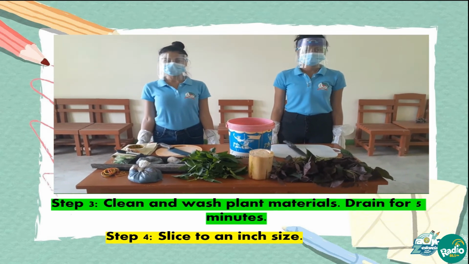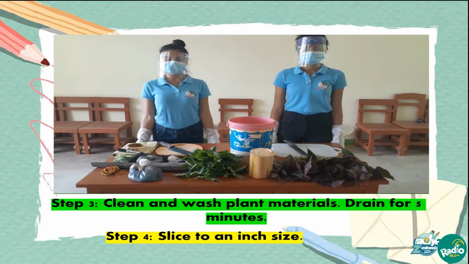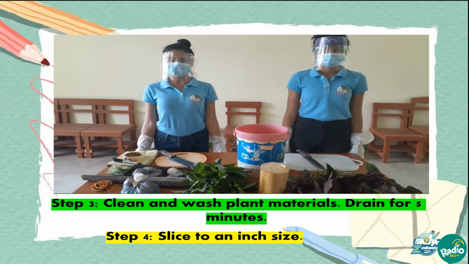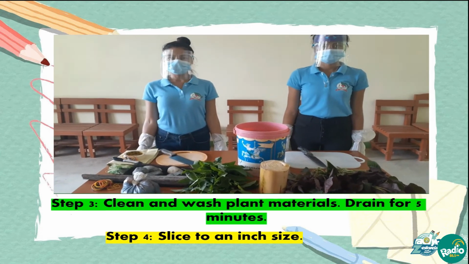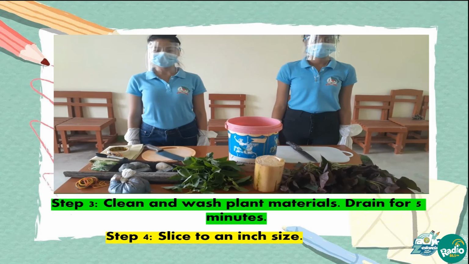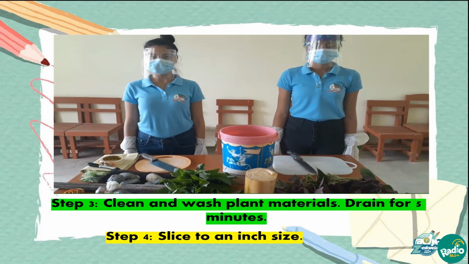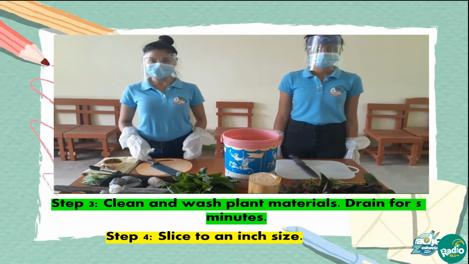If you get your plant materials from the farm, you can skip this step. Since the materials we prepared were cleaned and washed already and drained for 5 minutes, let's proceed to step number 4. Step 4 is to slice to an inch size.